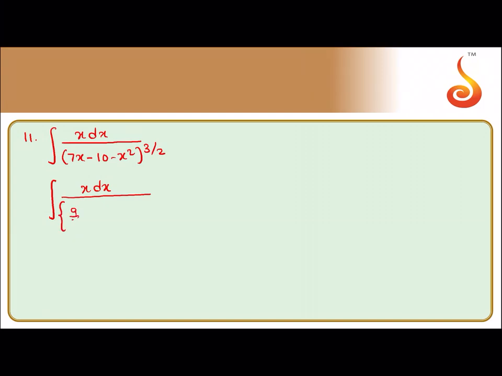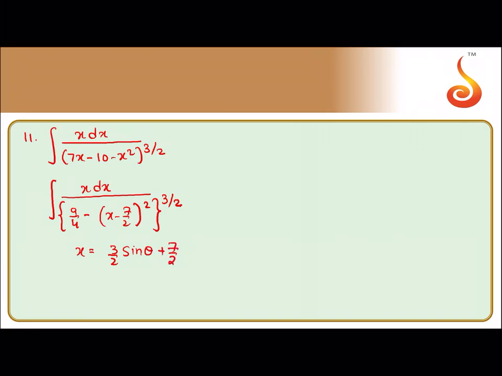Again the rearrangement problem. x dx, this can be written as 9 by 4 minus x minus 7 by 2 whole square. You all know factorization properly. That's why I'm not devoting much time on this. So again rearrangement in such a way that it becomes the simplest form.